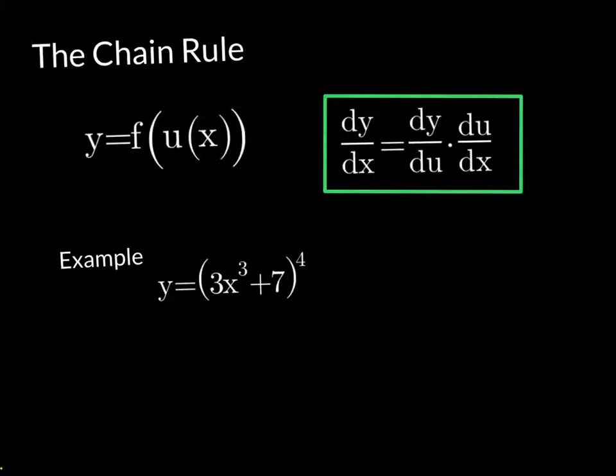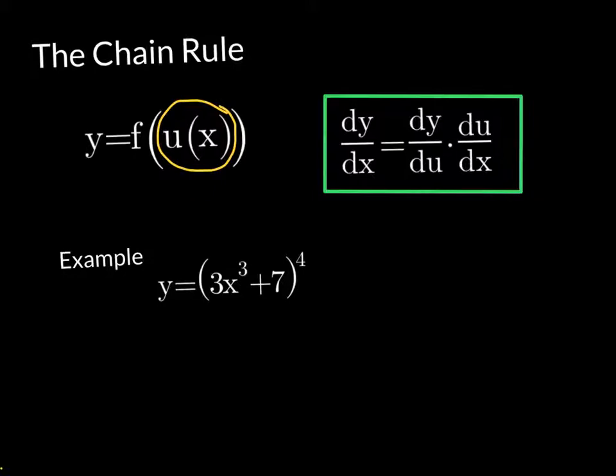Well, we use the chain rule when we're trying to differentiate an expression where we have a function inside another function. So for example here we have y is equal to some function of u, and u is the internal function here, it's the function inside the other function, and u is in turn a function of x.